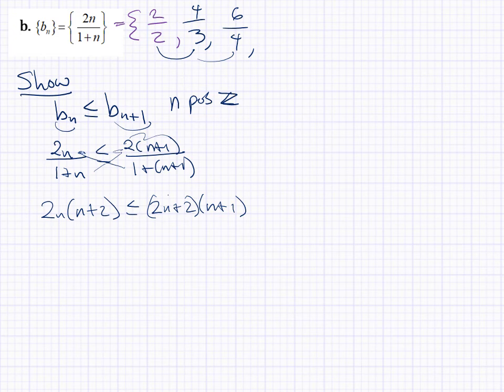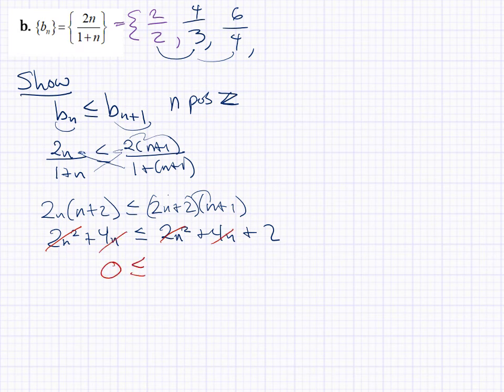What I can do here is multiply this out. This is 2n squared plus 4n, and this would be 2n squared plus 4n plus 2. Seeing that these terms are the same, there's really nothing left over.